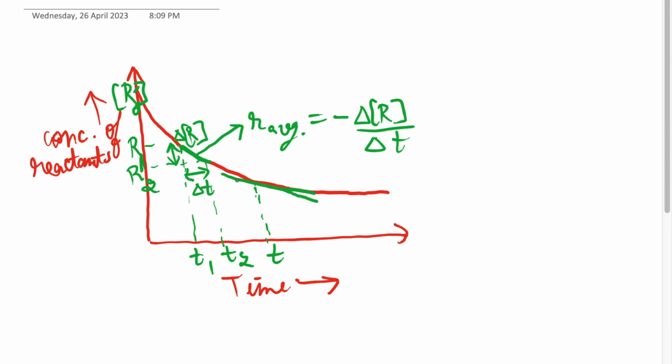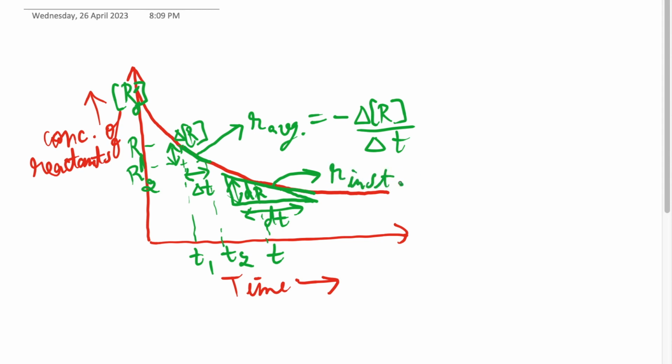This is the tangent, and let us consider this small time dt, and this will be dr. So this slope gives us the instantaneous rate.